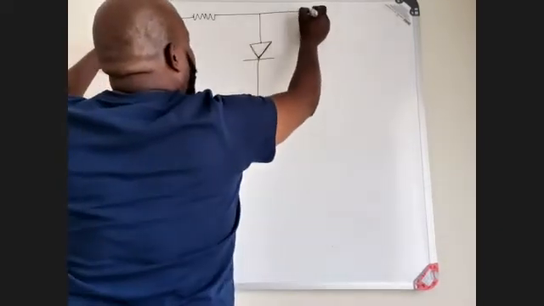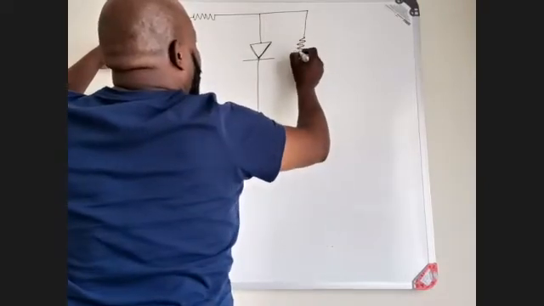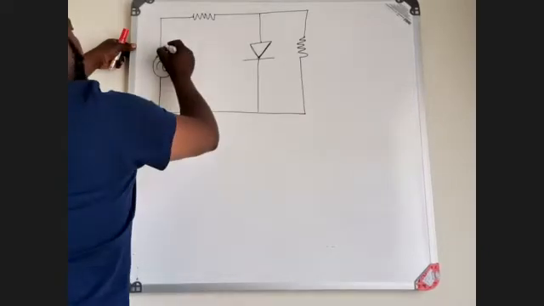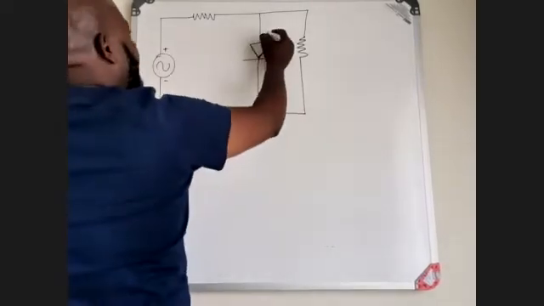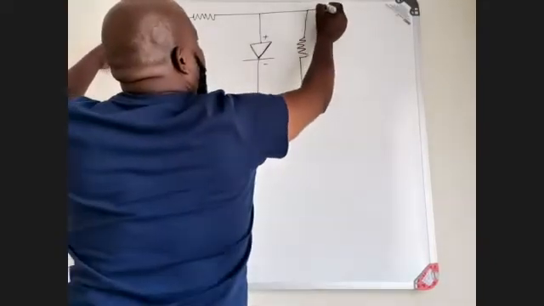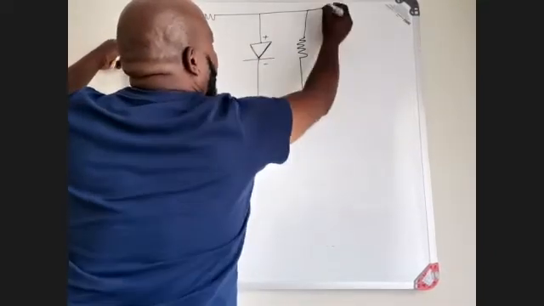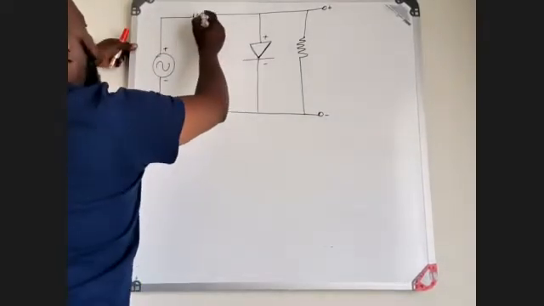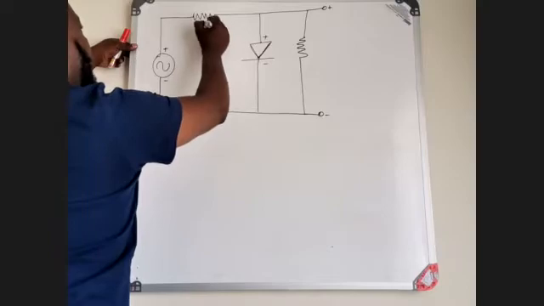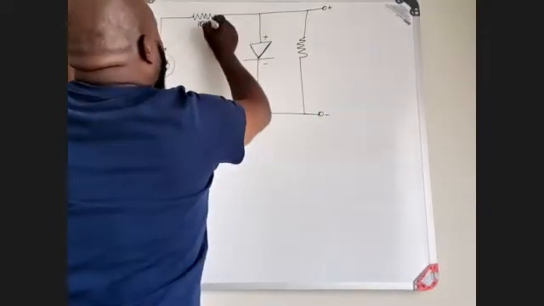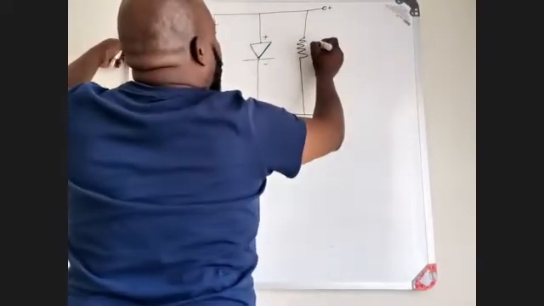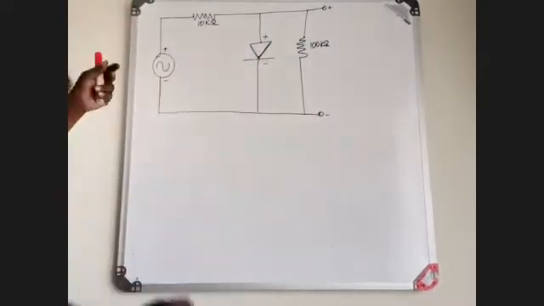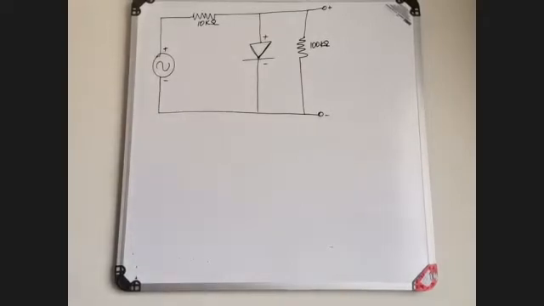Then you will have another resistor connected in series with that one, which means there is positive, negative, positive, negative. Let's say that one is a 10 kilo ohm resistor, and that one is a 100 kilo ohm resistor.